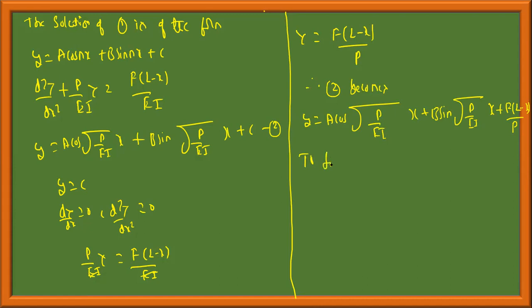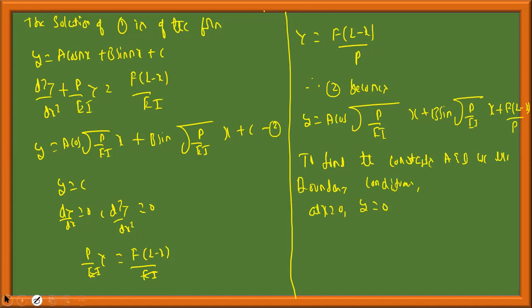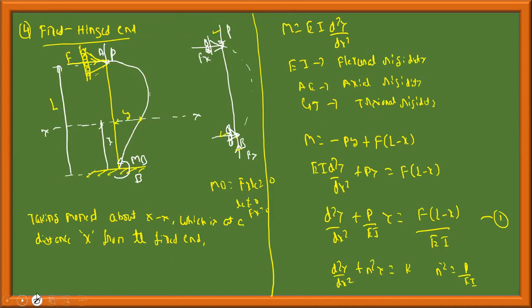To find the constants a and b, we use boundary conditions. At x is equal to 0, deflection y is equal to 0, fixed end deflection is 0.